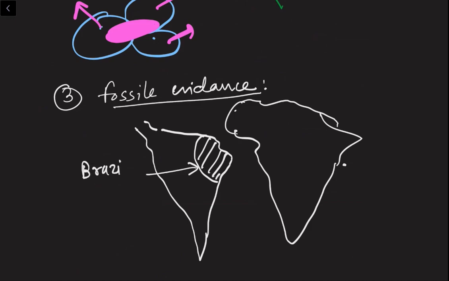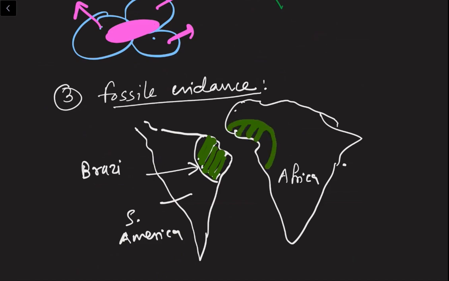Okay. This is South America, by the way, and this is Africa. Now you should understand, whenever I draw the diagram, you should be able to understand which continent I am drawing.